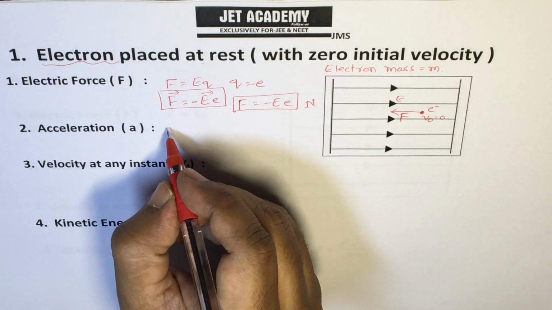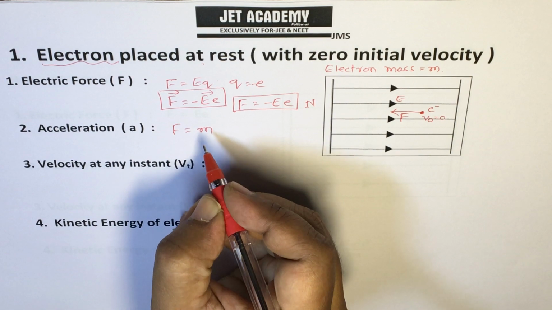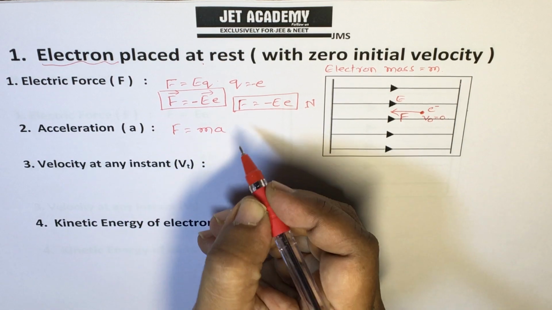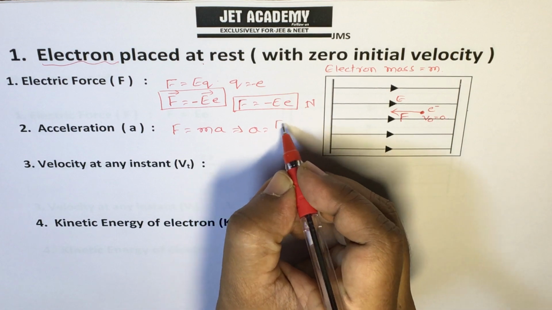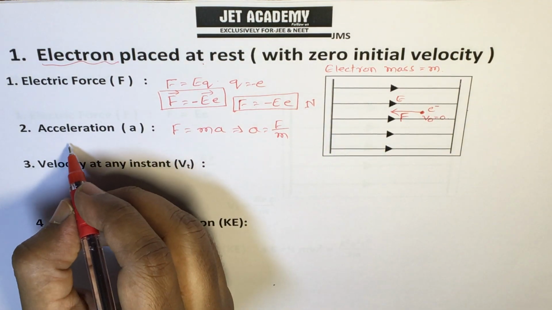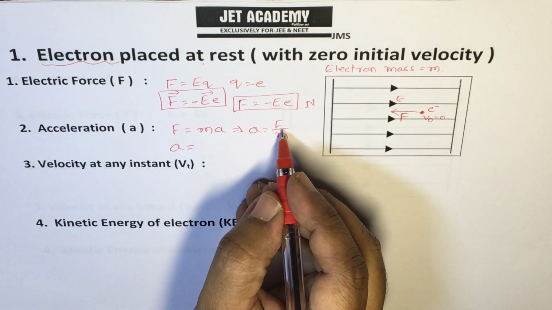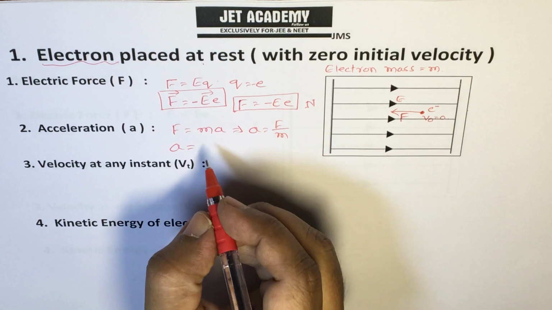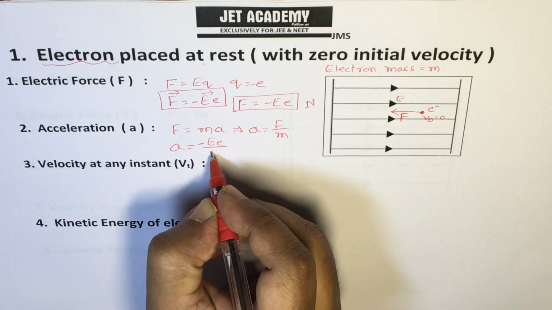The acceleration is given by F is equal to mass of the charged particle into its acceleration, which implies a is equal to F by m. What is F? This is minus eE by m.